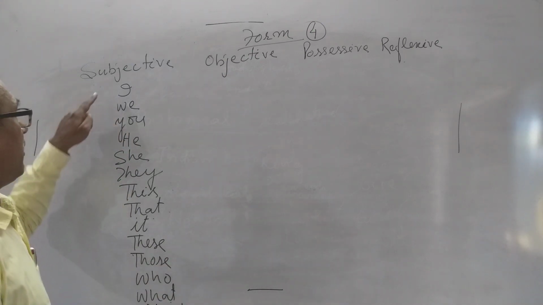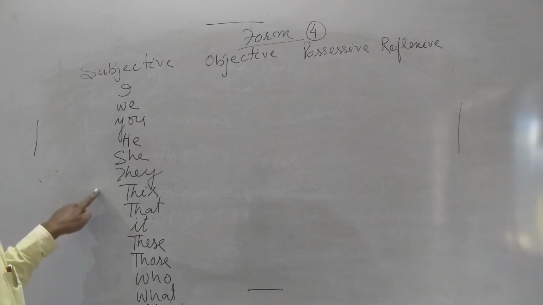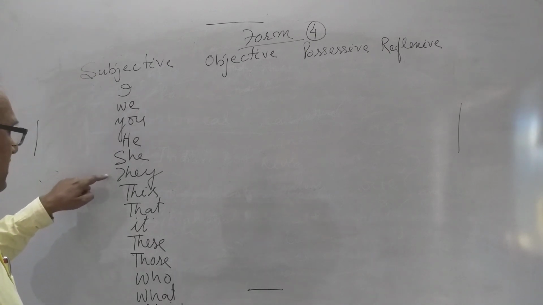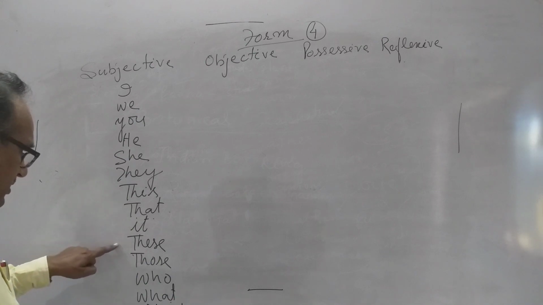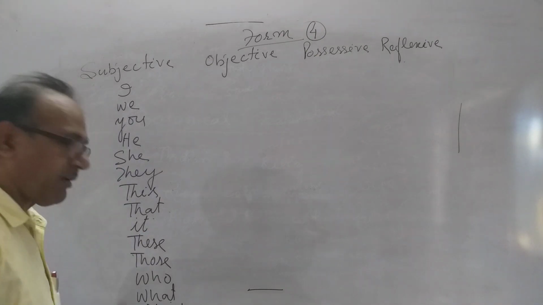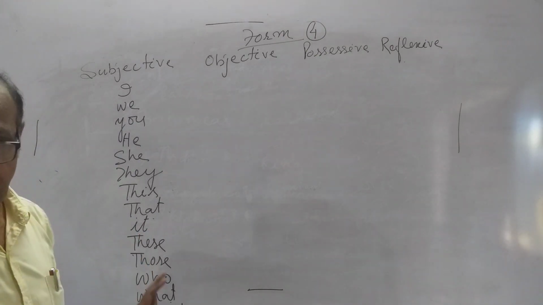Is it clear? These are 14 pronouns. Let us count: 1, 2, 3, 4, 5, 6, 7, 8, 9, 10, 11, 12, 13, 14. These are the 14 pronouns we have taken as examples.